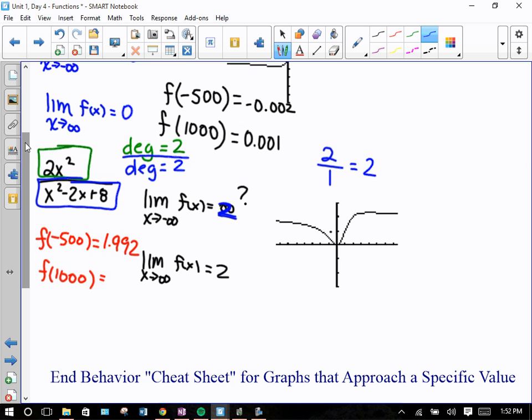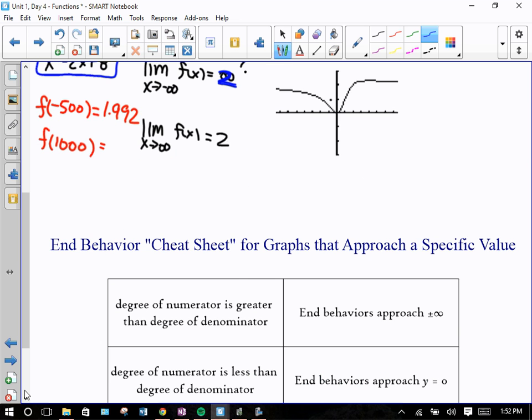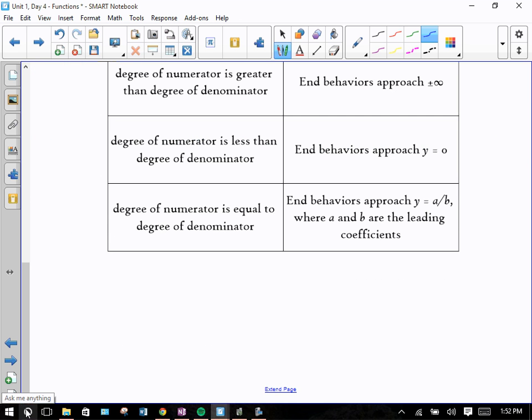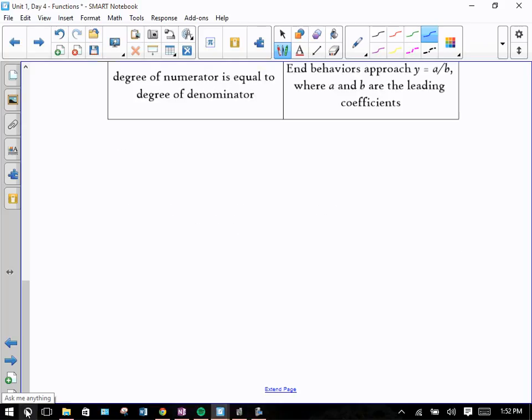So, if I had this function right here, I want you to, on your paper, do this by yourself real quick, take 15 seconds.